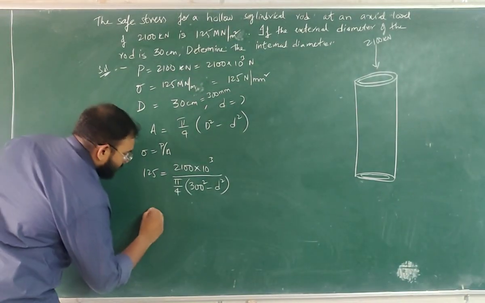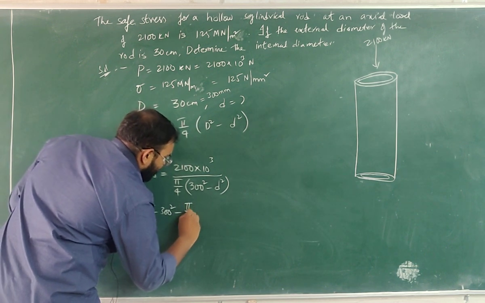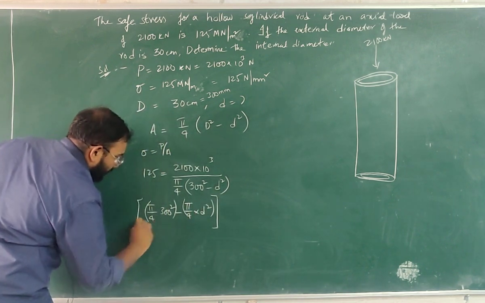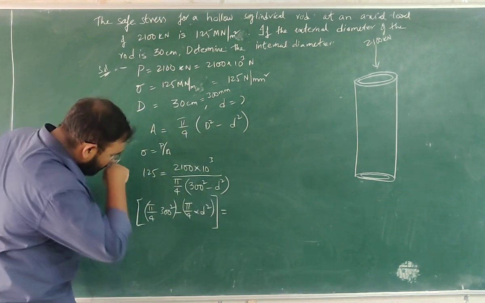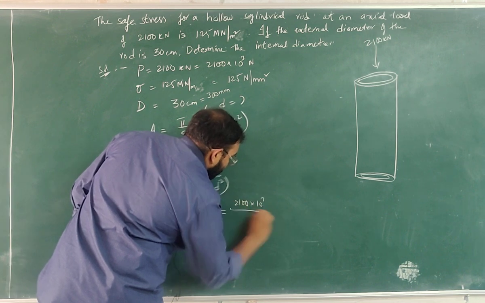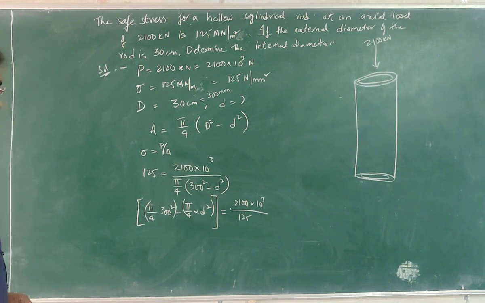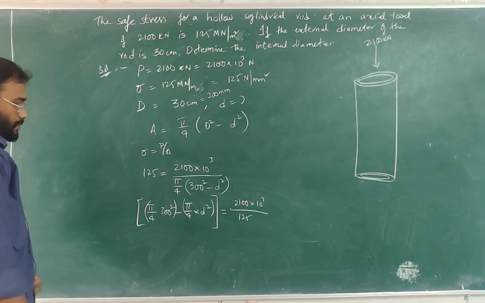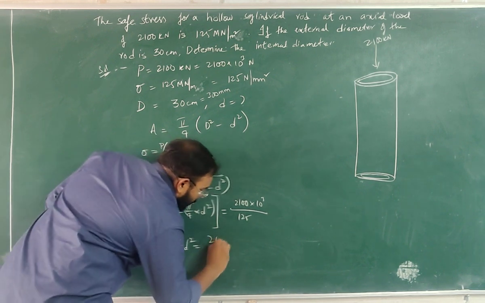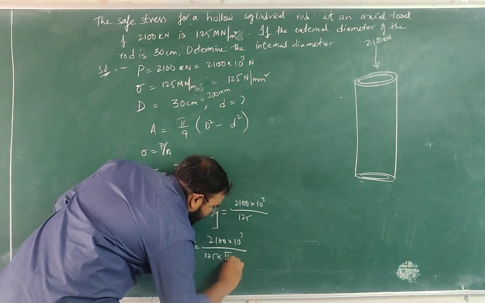Otherwise I'll simplify this one. Pi by 4 into 300 square minus pi by 4 into d square is equal to 2100 10 power 3 divided by 125, or 300 square minus d square is equal to 2100 10 power 3 divided by 125 into pi by 4.